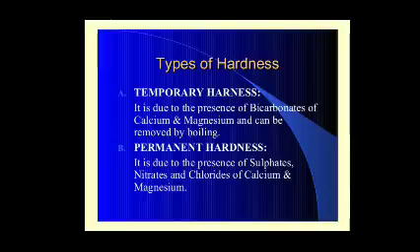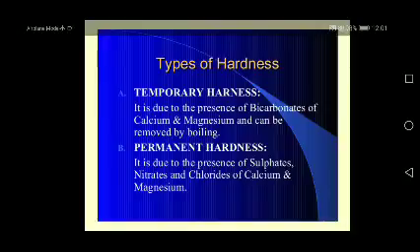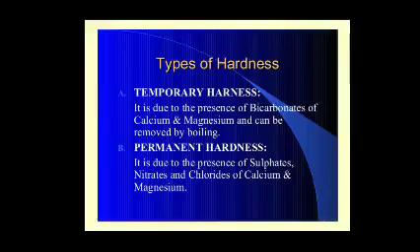The salts are calcium chloride, magnesium chloride, calcium sulfate, magnesium sulfate, calcium nitrate, magnesium nitrate: CaCl2, MgCl2, CaSO4, MgSO4, Ca(NO3)2, Mg(NO3)2. These salts present in water cause permanent hardness of water.